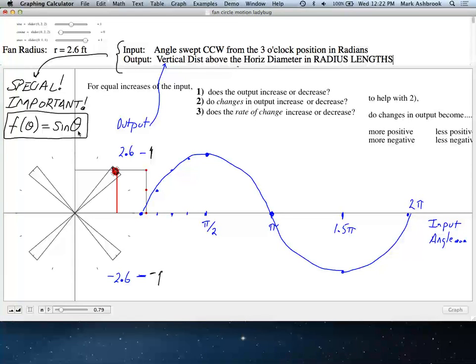So before you do it, you're going to hit menu and make sure you're in radians. It's the 3rd line down. So hit menu, go down to the 3rd line. Make sure your calculator's in radians.